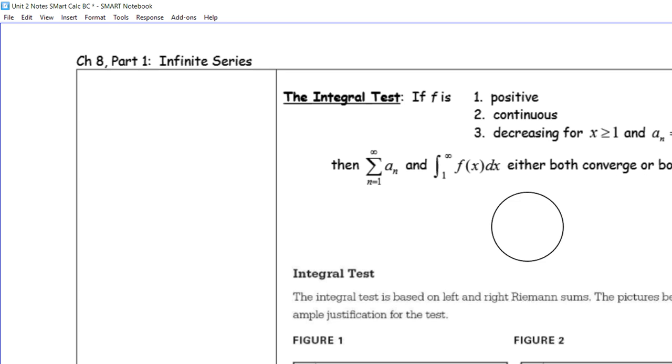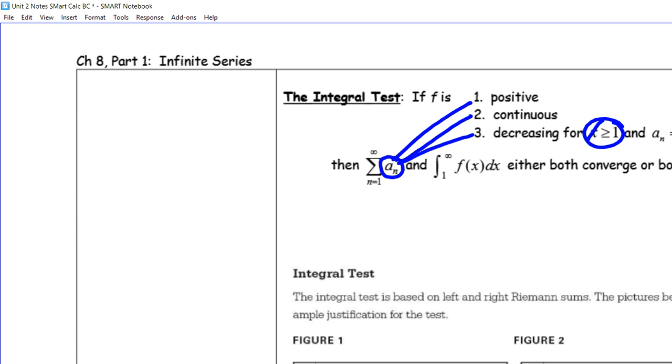Okay, so when we go to check these conditions, we want to show that this a sub n is positive, continuous, and decreasing. Now this says for some x, but in reality, it's for some x or n, whichever variable you want to use, for some n greater than or equal to any number. As long as you can show any number, you're okay.